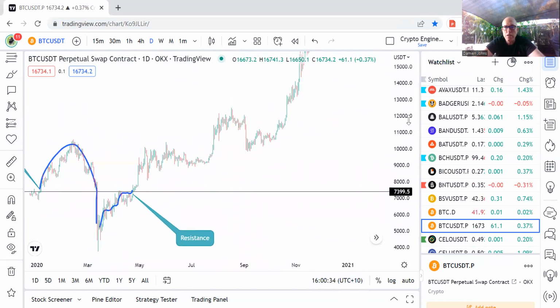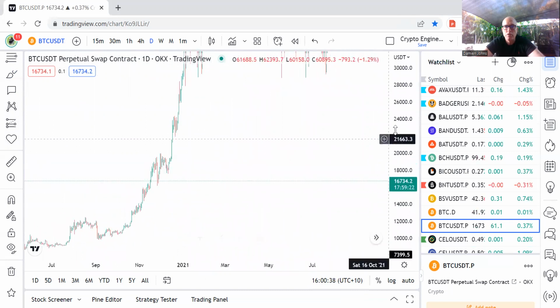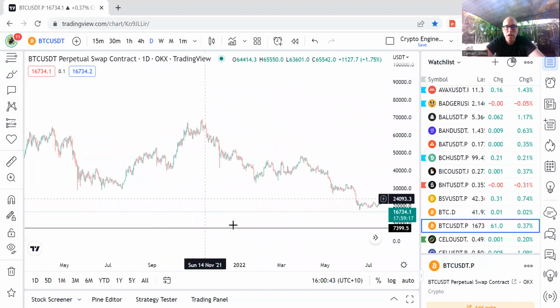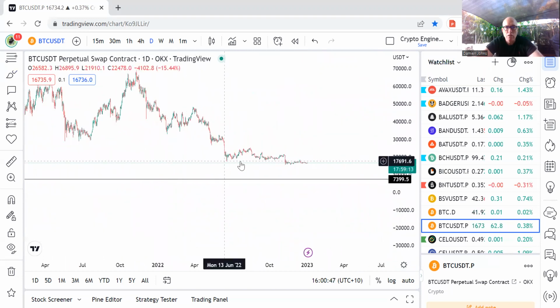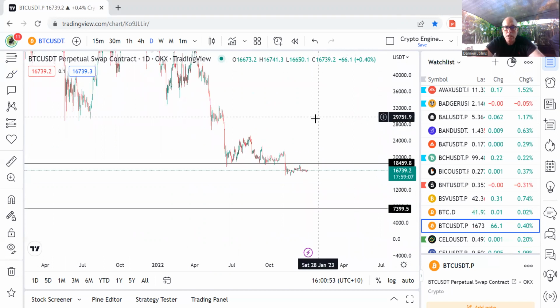Now, this support and resistance line can actually be fairly dynamic in that it can move and bend and shape to wherever it needs to be at a given moment. So that's the line back then, but right now it's sitting at a line through here. You can see here that the more touches, the better.